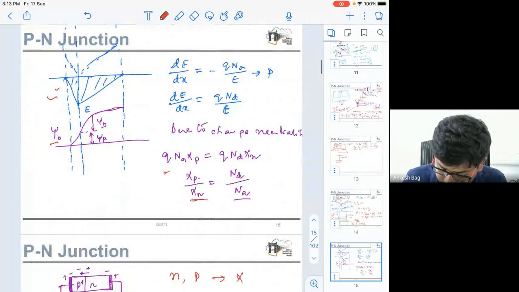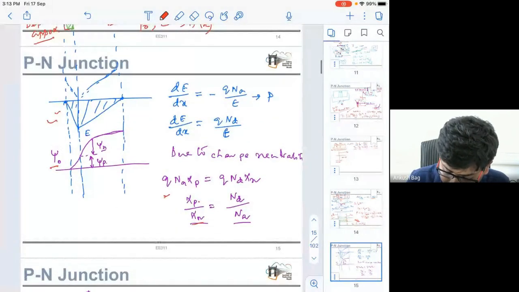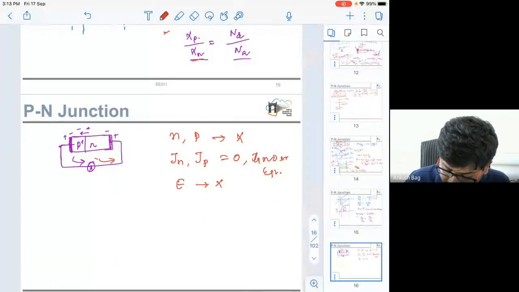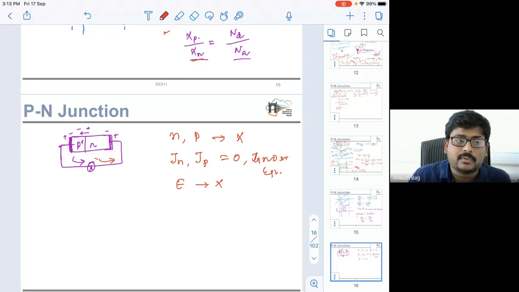Now if we try to derive this mathematically, we'll do that part quickly today. Here we also understood why there is no current flowing because of the built-in potential. From our basic understanding we can guess that whenever there is some potential or electric field, there should be some current flowing through the external circuit, but this built-in potential will not give us any current, because this is thermal equilibrium.